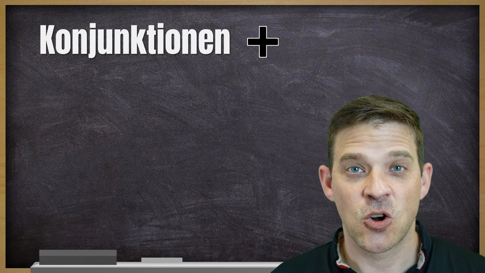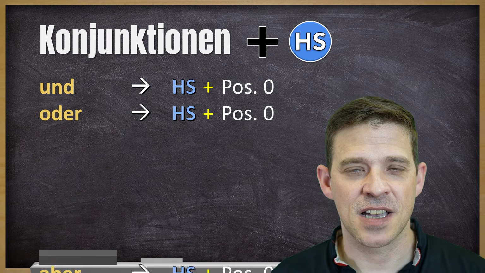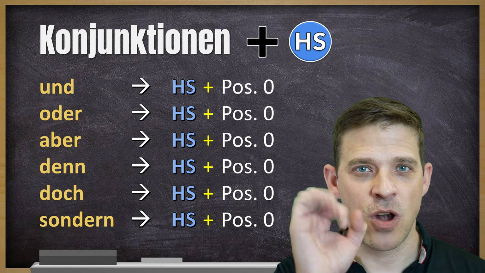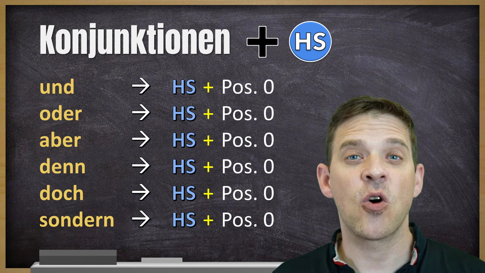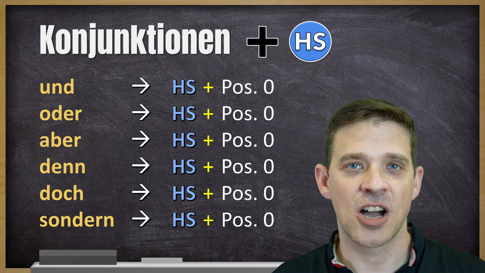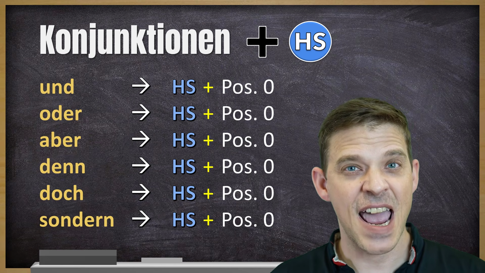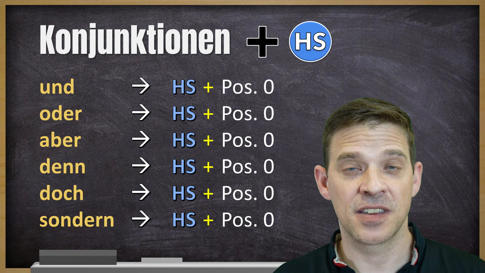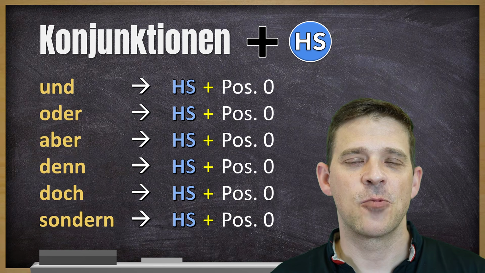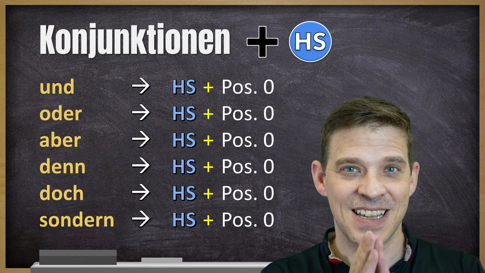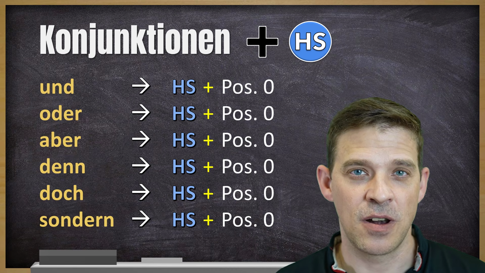Zusammenfassung. Konjunktionen plus Hauptsatz auf Position 0. These 6 conjunctions are all the German conjunctions for any level. These are now A1 and A2, but there are no other conjunctions which are on position 0.